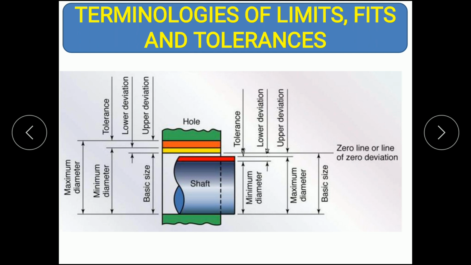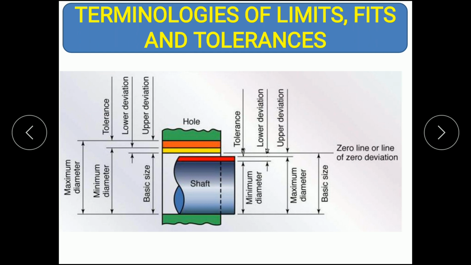You can see these terminologies explained in the figure. The blue color is the shaft and this is the hole. The red color is the tolerance on the shaft, and this other color is the tolerance on the hole.